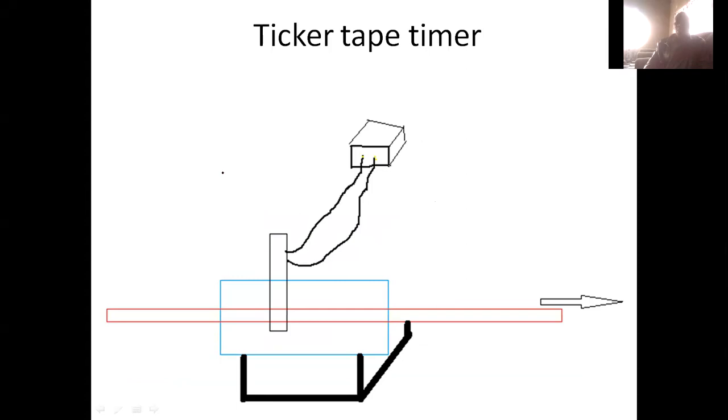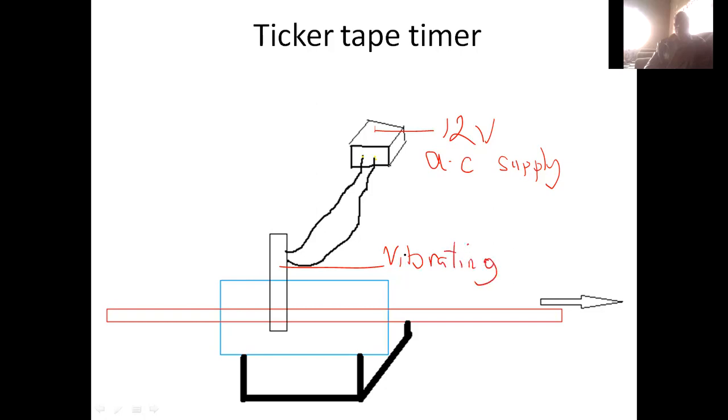It comprises the following apparatus: a 12 volts alternating current power supply, and the vibrating unit, which is the vibrating bar, which engraves or makes dots on the ticker tape.